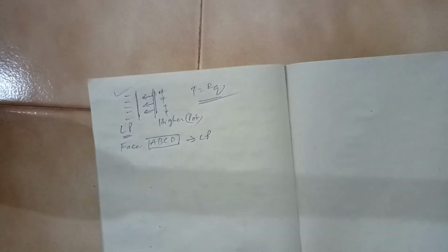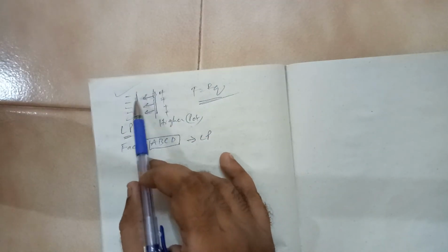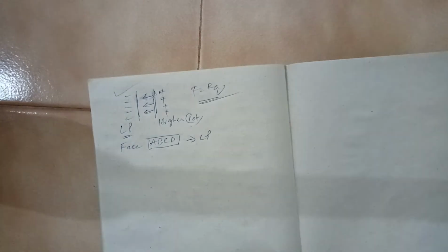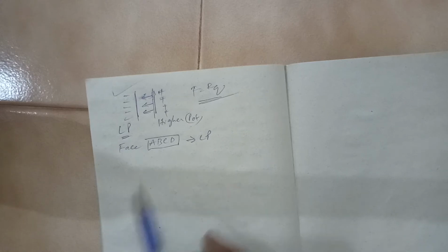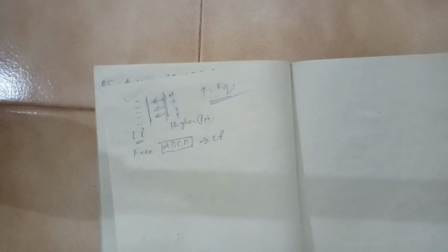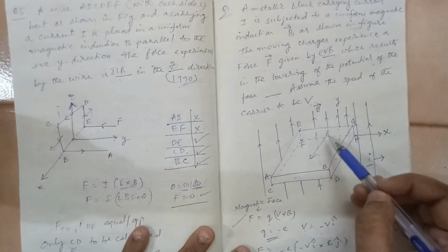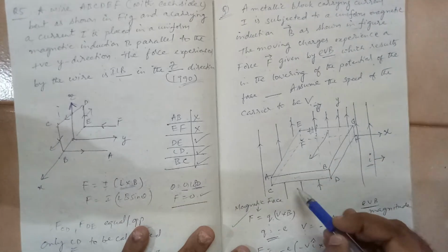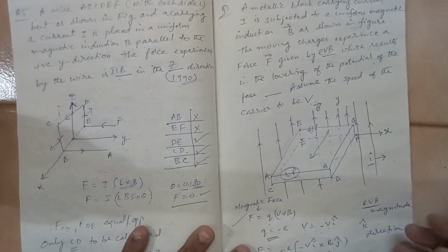The force will be in this direction, so in that direction the potential is dropping. You see the minus sign? So the force from EFGH is in this direction. This will be higher potential and this will be lower potential. ABCD will be at the lower potential.